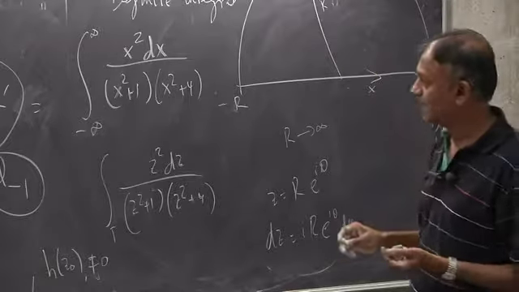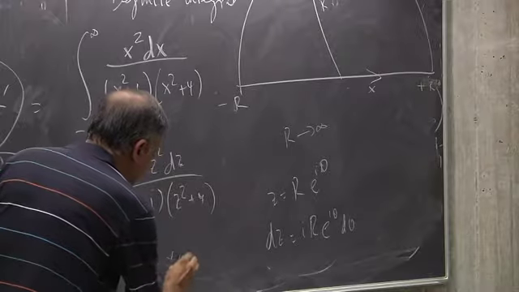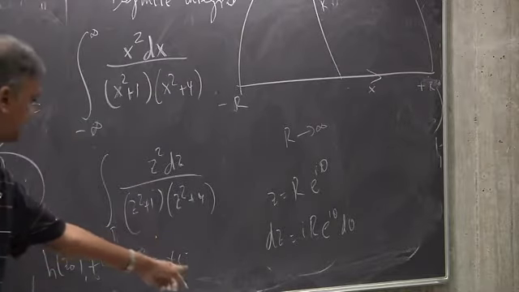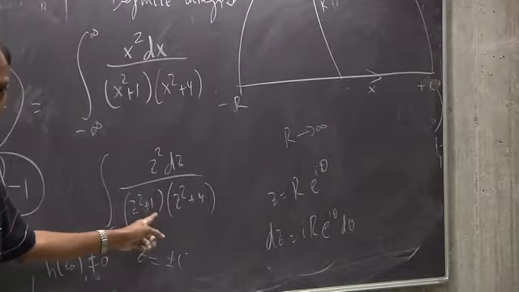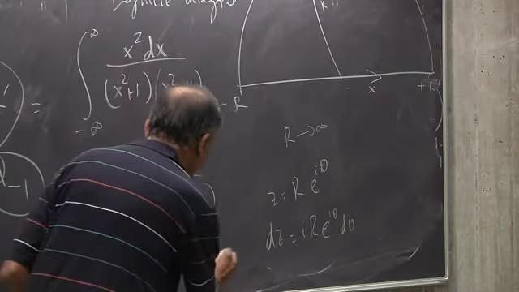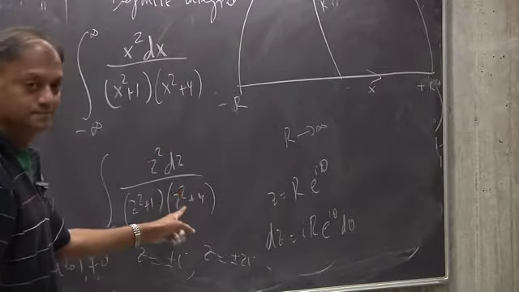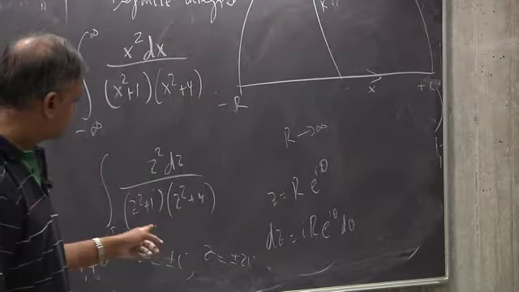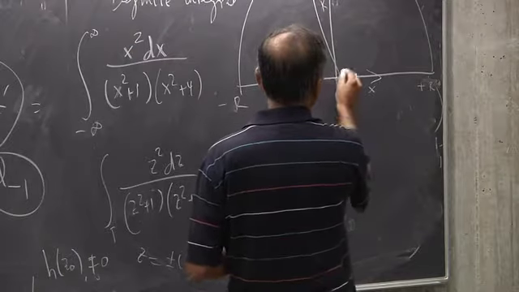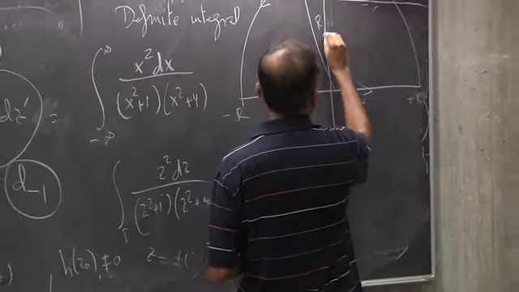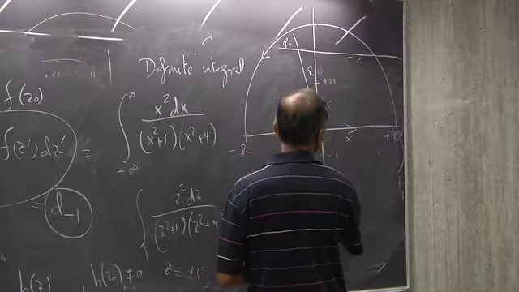Now look at where the singularities are here. The singularities are z equal to plus or minus i, because when z is plus or minus i, z square is minus 1, so this becomes 0, or z equal to plus or minus 2i, because (2i) square is minus 4. So you have the singularities along the imaginary axis at plus i, plus 2i, and minus i and minus 2i.